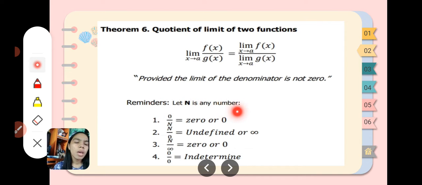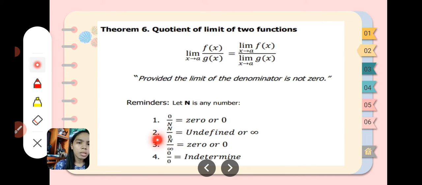So we have 4 reminders for theorem 6, which is the quotient of the limits of two functions. Let n be any number. For the first one, 0 over n. If the final answer includes a 0, then 0 over n is equal to 0.